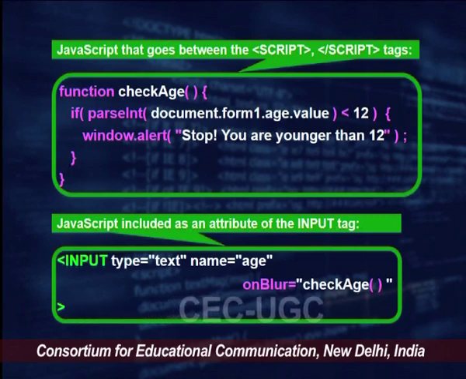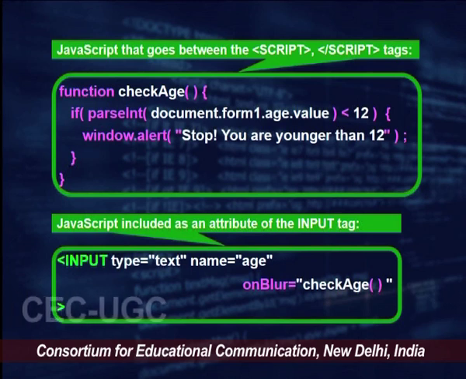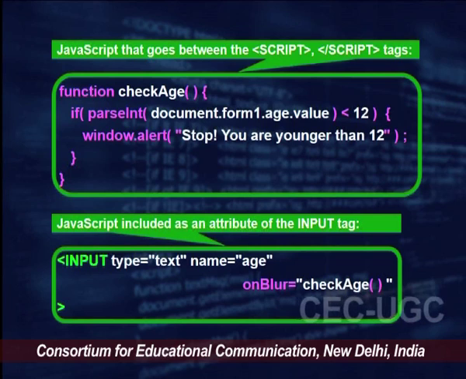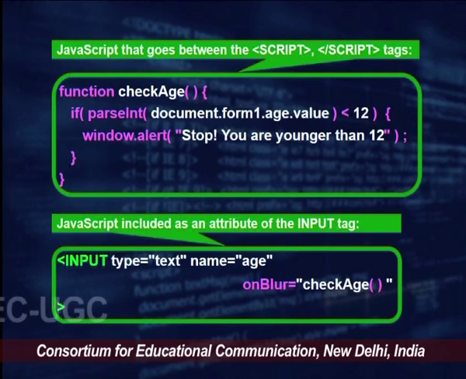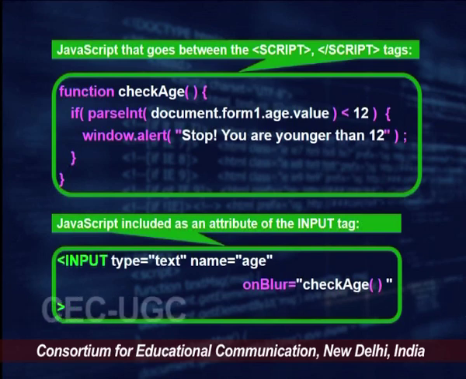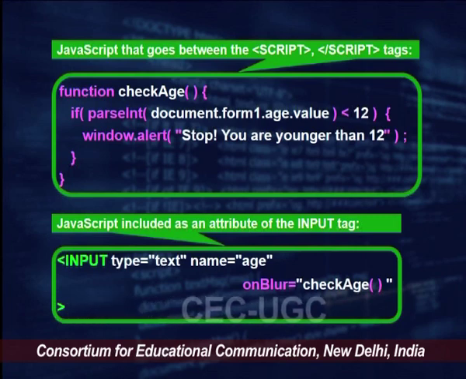We write the function there for checking age, and here we are using the parseInt function, because whatever input the user gives in the text box is going to be text. So we use parseInt to convert that text into a number, and then we compare it with 12. If the value given by the user is less than 12, then the window alert method is used to show a message to the user.